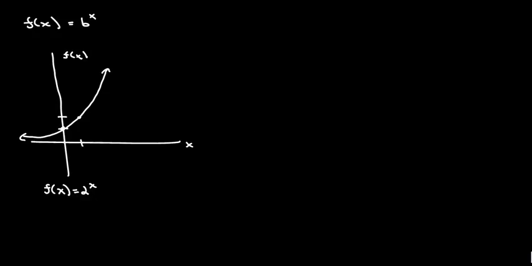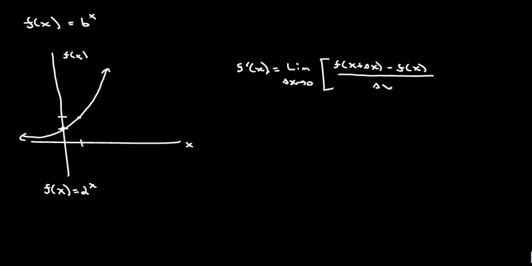Okay. Now what we want to do is we want to go ahead and find the derivative of this. Okay, so let's go ahead and find f prime. Well, f prime, the derivative, is equal by definition to the limit as delta x goes to 0 of f at x plus delta x minus f at x all over delta x.